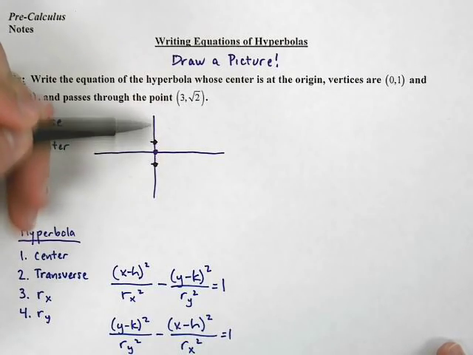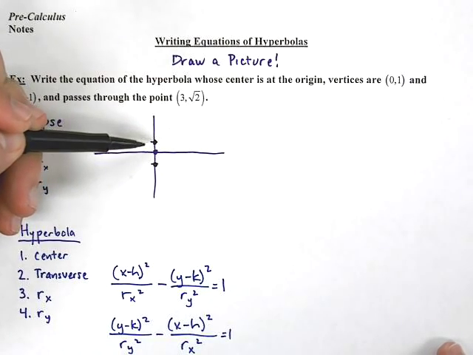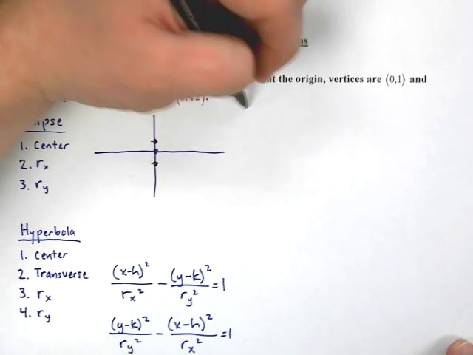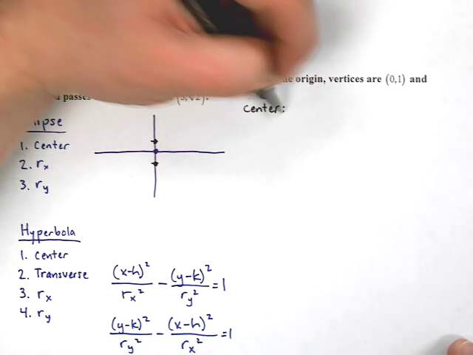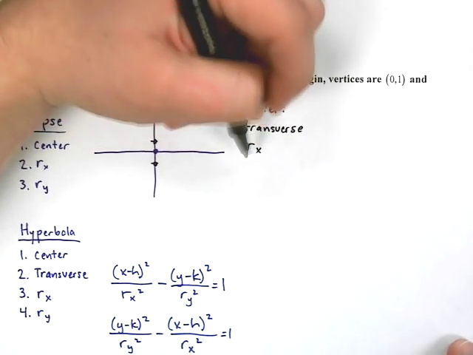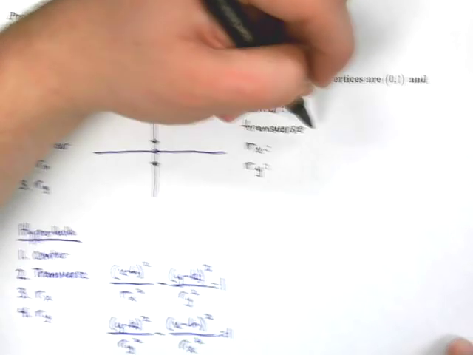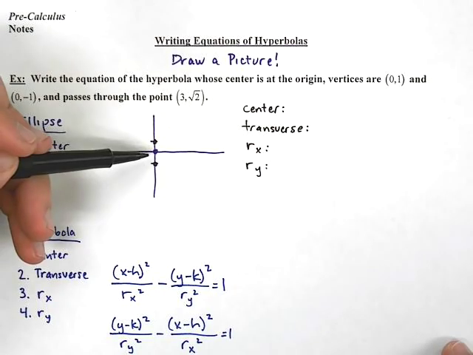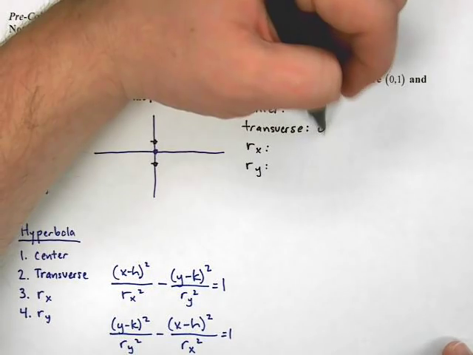Because my vertices went up and down, that means that the transverse axis... let's start my list. I need the center, I need the transverse axis, I need r sub x, I need r sub y. Because my vertices went up and down from the center, I know that my transverse axis is the y-axis.